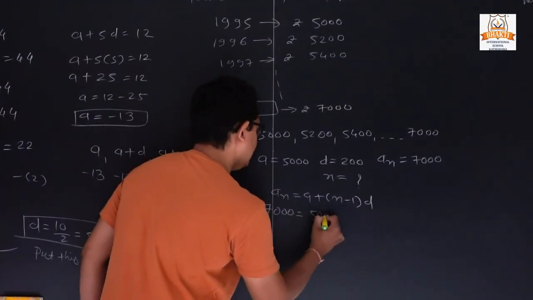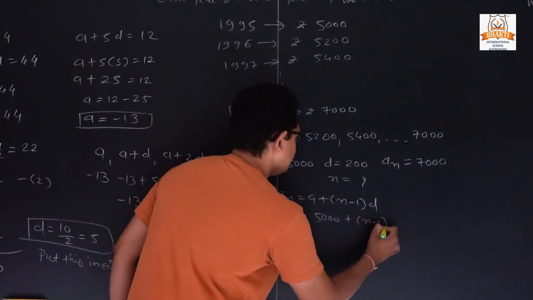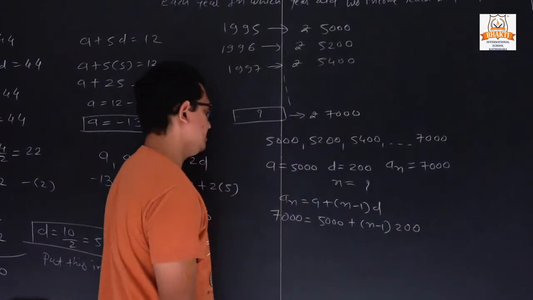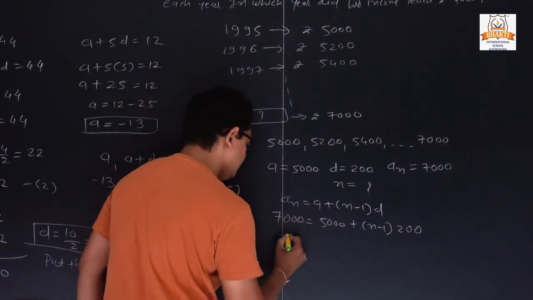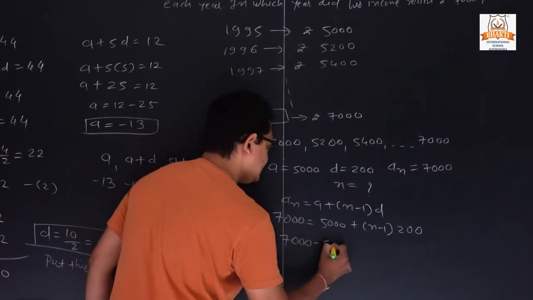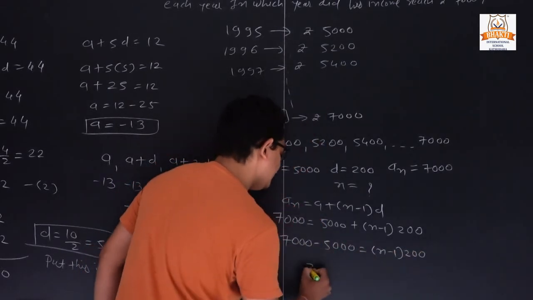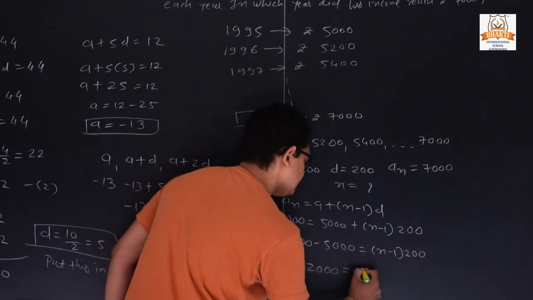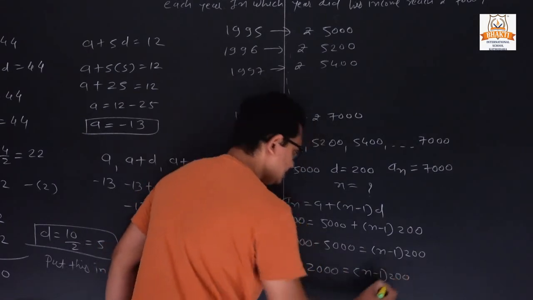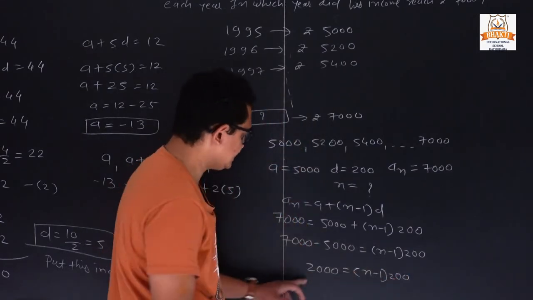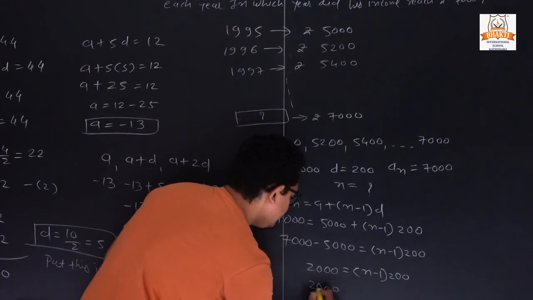So an is 7,000. a is 5,000, plus n minus 1 into 200. So this becomes minus as it is going to the second side. So it is 2,000. Now this 200 is going to the second side, so it will be in division.